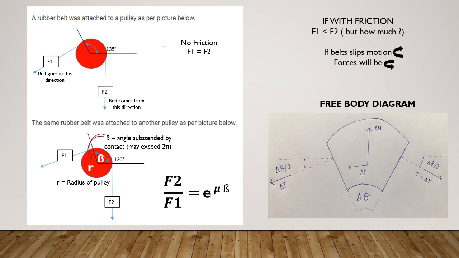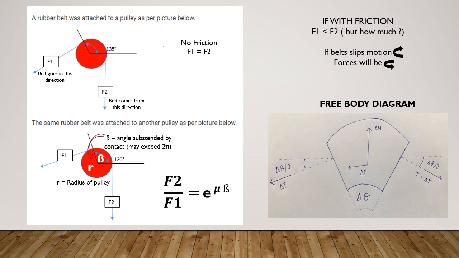The ratio of the two tensions is F2 over F1 equals e to the power of mu beta, where mu is the coefficient of static friction or kinetic friction depending on whether it is actually slipping or about to slip, and beta is an angle.